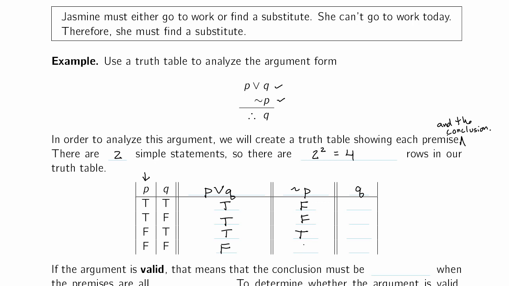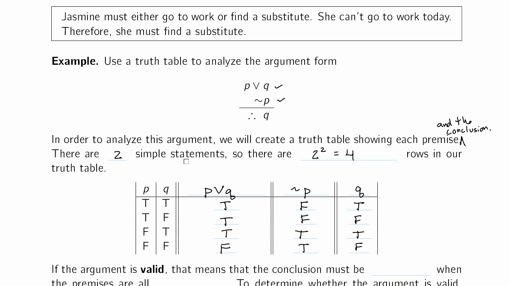False, not to that gives us true. And then our conclusion, we just want a copy of the Q column. So Q goes true, false, true, false. And you wouldn't have to make that copy. I'm putting it there so that we can more easily see what we're doing.